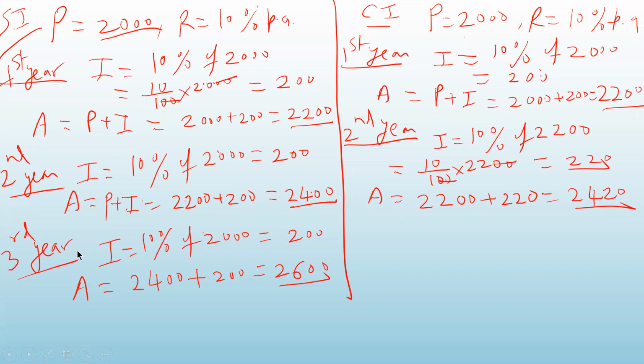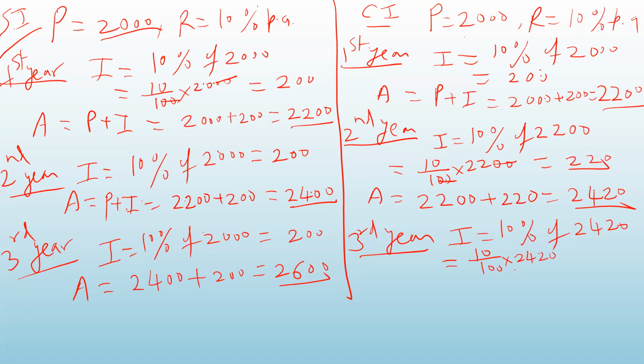What happens in the third year in the compound interest case? Here, interest is calculated on 10% of what? The amount of the previous year. What is the previous year's amount? It is 2420. So 10% of 2420. What is that? It is 10 upon 100 into 2420.